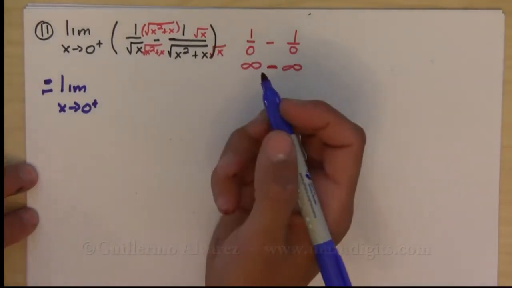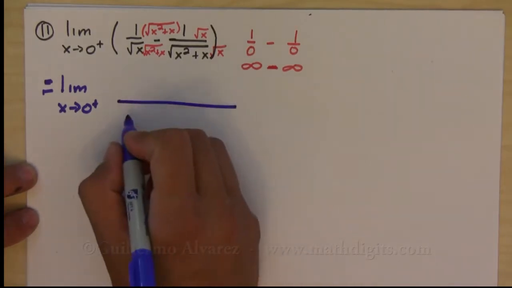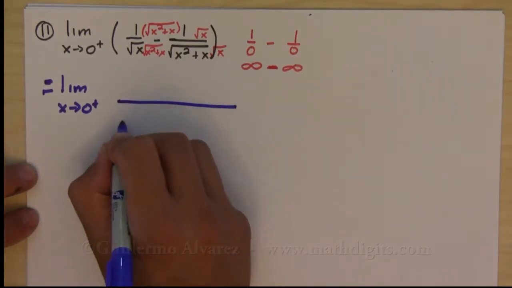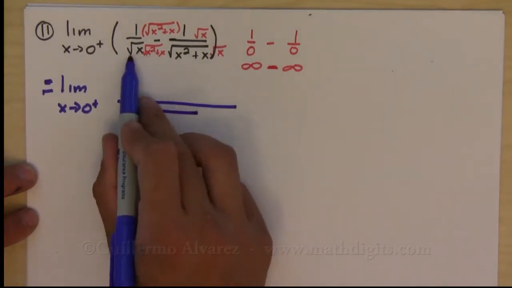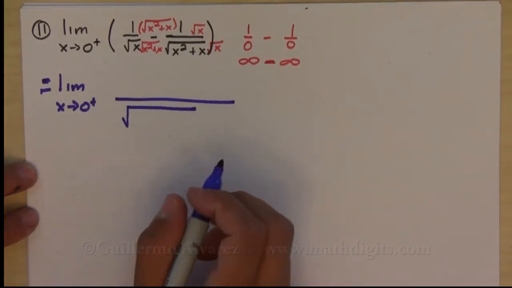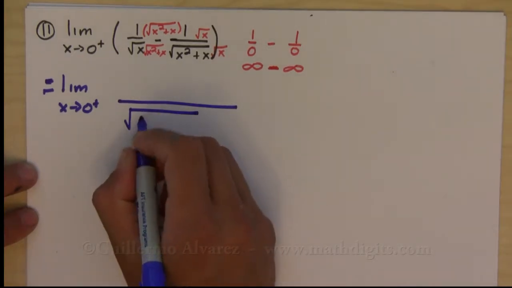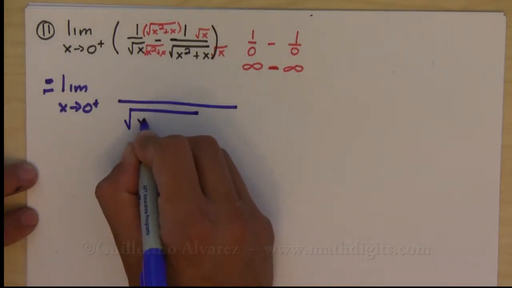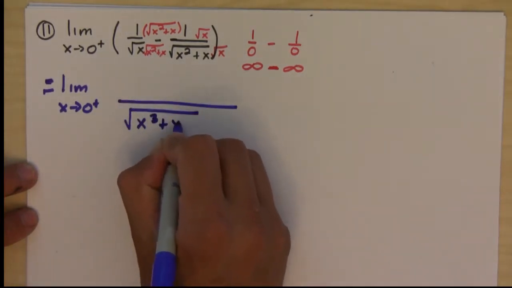Okay, so if I combine those two, I'm going to have one fraction with the denominator being a square root. Now, since they're both under the square root, I can just bring the x inside. If I multiply the x inside, I would have x cubed plus x squared.